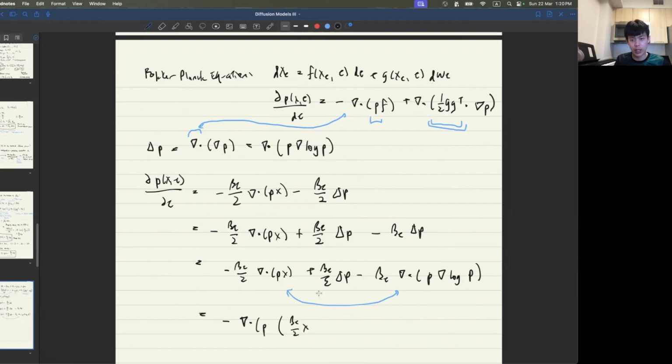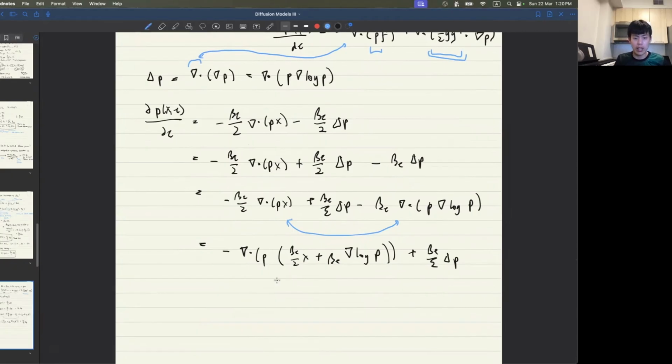We bring this coefficient inside, and over here, we bring the beta t inside to get plus beta t, the gradient of log p, plus the diffusion term. And this is very nice because this is precisely in the form of Fokker-Planck equation. We can define this as our f prime and this as our g prime.